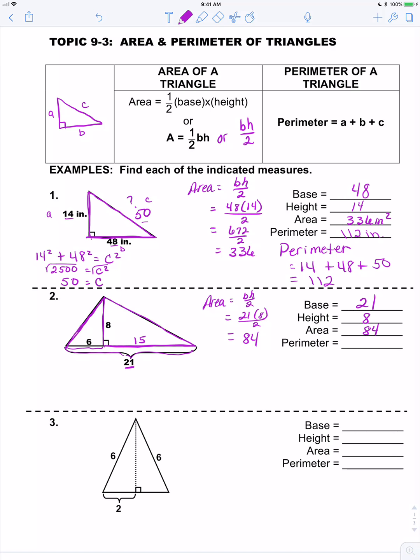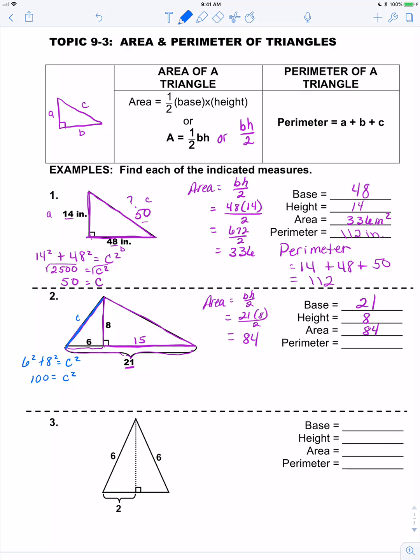All right, so if we're going to come over here and find this length first, let me use a different color. Let's say we're going to come find this hypotenuse first. That is our C on this side. So we know we've got 6 squared plus 8 squared is equal to our C squared. And 6 squared plus 8 squared is 100.